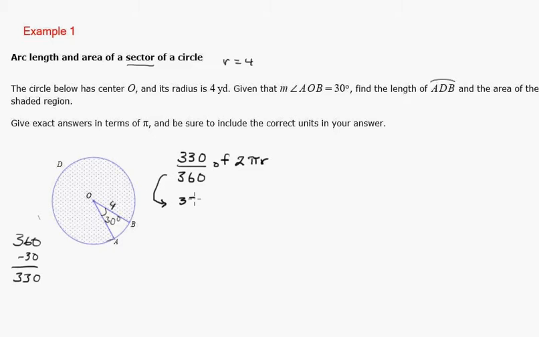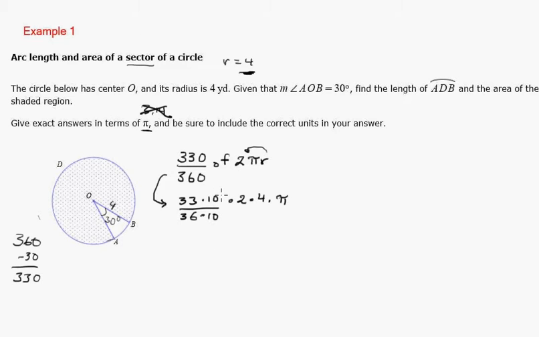This is 33 times 10, and this is 36 times 10, times 2, and I'm substituting 4 in for r, times pi. I'm going to leave pi out here because they say exact answers, so they don't want us to use 3.14.